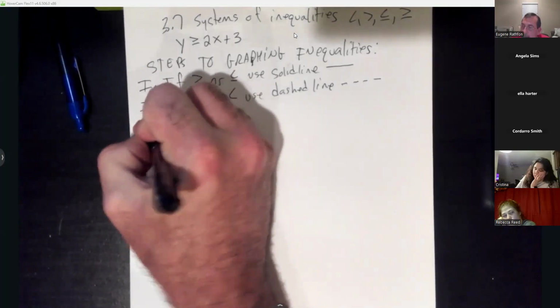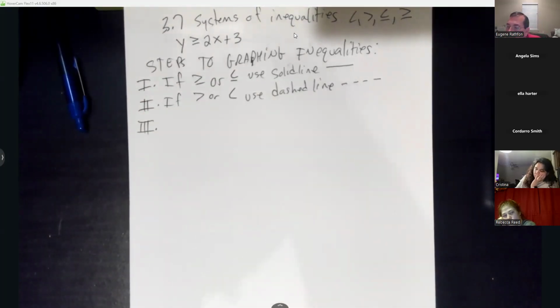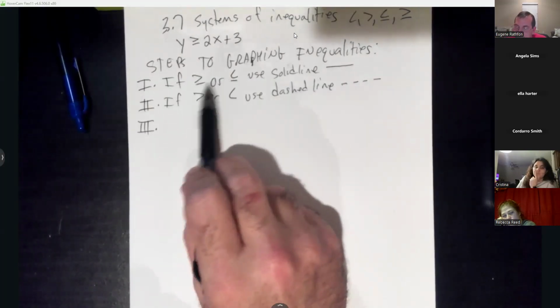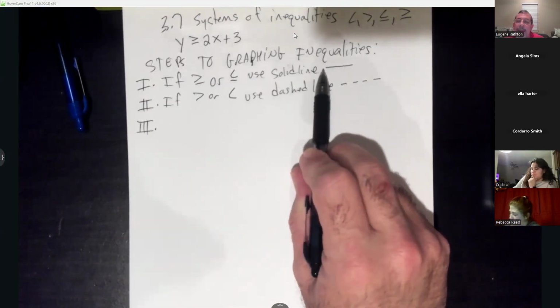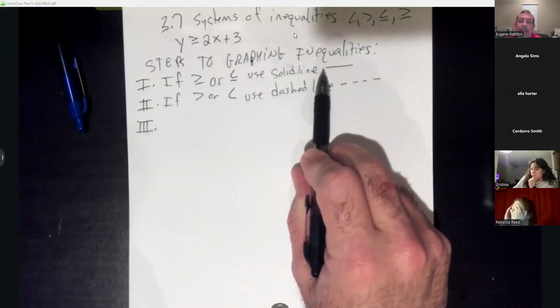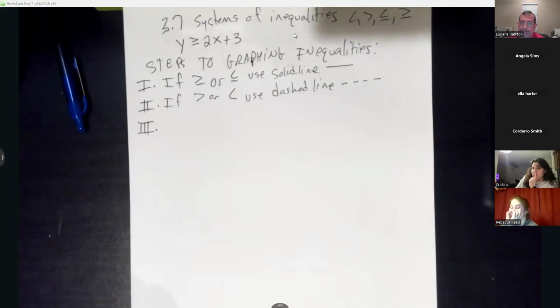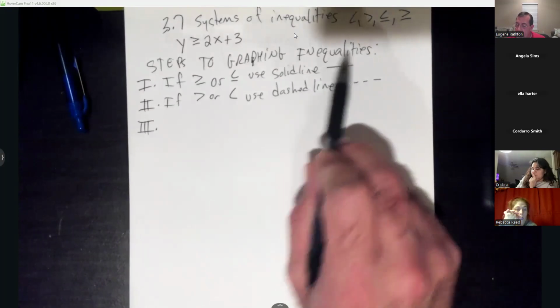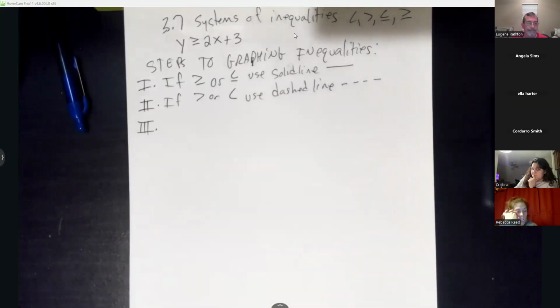So y'all, this tells me what kind of line to draw. Hey, Mr. Rathfun, what does the solid line mean again? So the solid line, if you got equals in it, it means it makes the inequality true because of the equals part. So any point that's on that line will be true for that equation, okay?